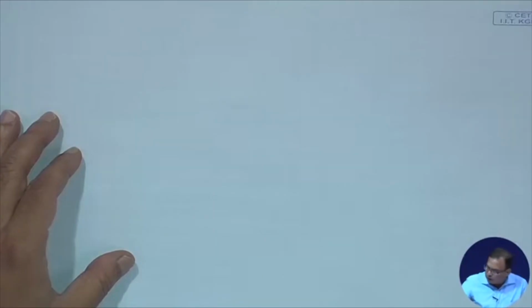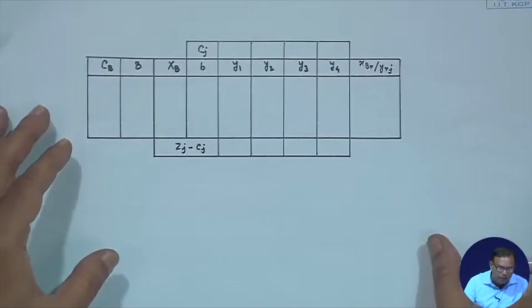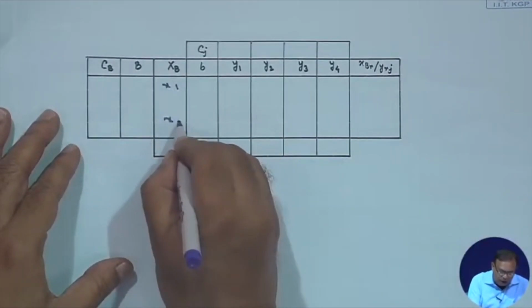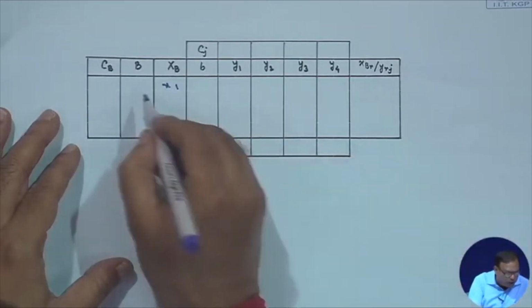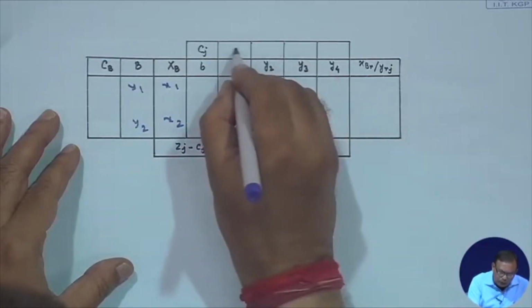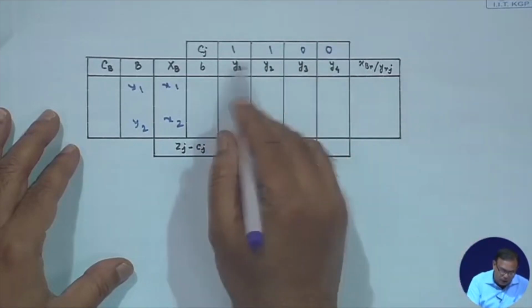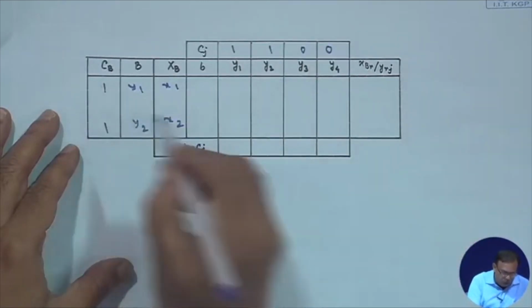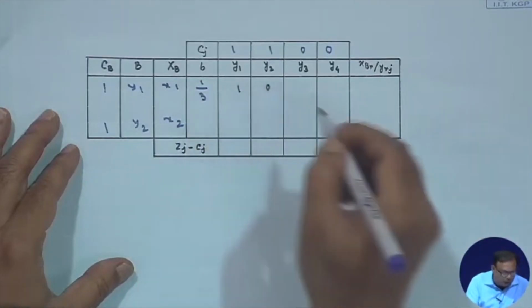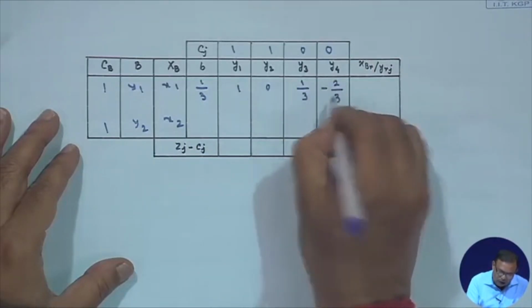So, let us formulate the next iterative table. In the next iterative table, x3 has been replaced by x1 and x2 is already there. So, this will be y1, y2. The objective function coefficients Cj are 1, 1, 0 and 0, and x1, x2 both are 1. So, if I write it, it is 1/3, 1, 0, 1/3, minus 2 by 3.